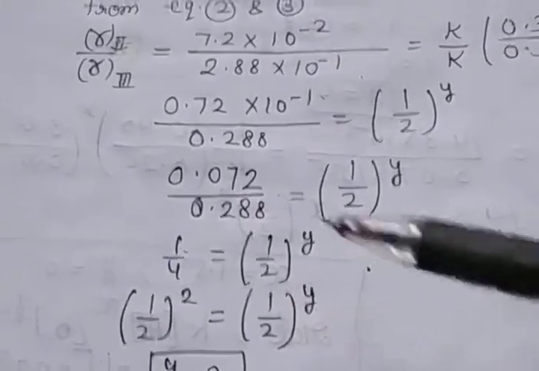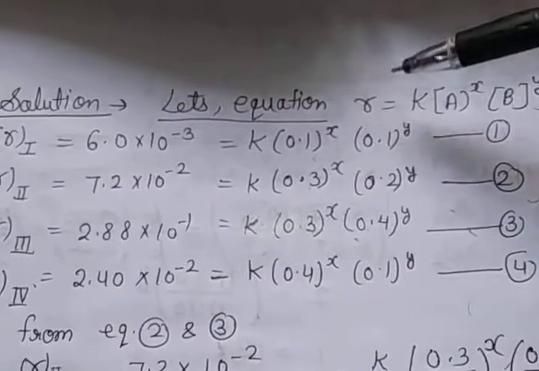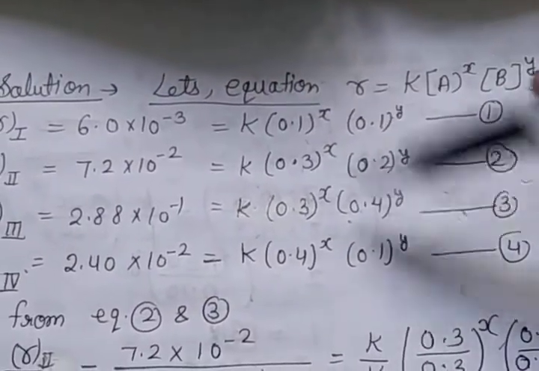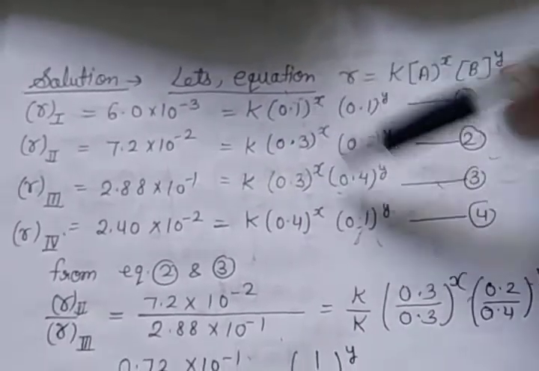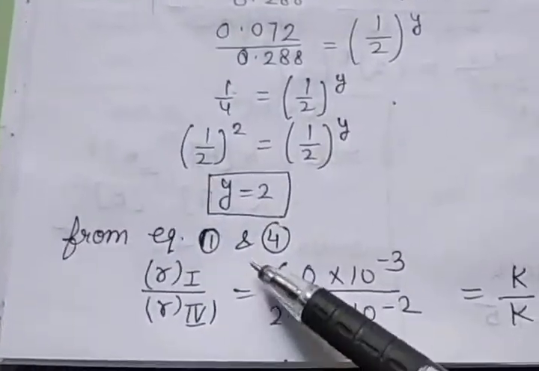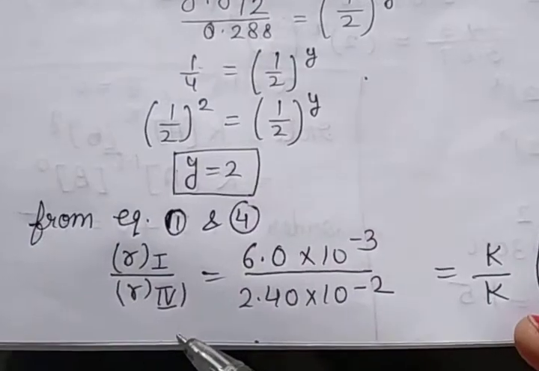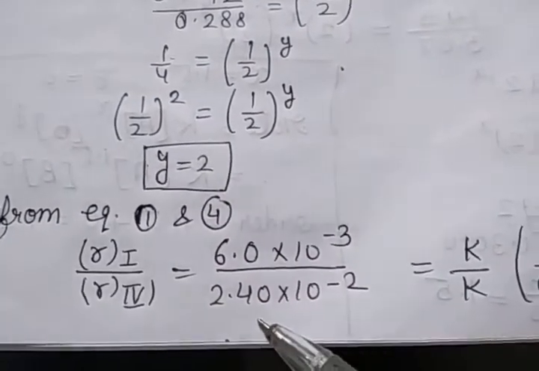Then here you see equation number first and equation number 4: 0.1 and 0.4, 0.1 and 0.1. So first and fourth divide. First value given is r1 and the fourth value is this one.